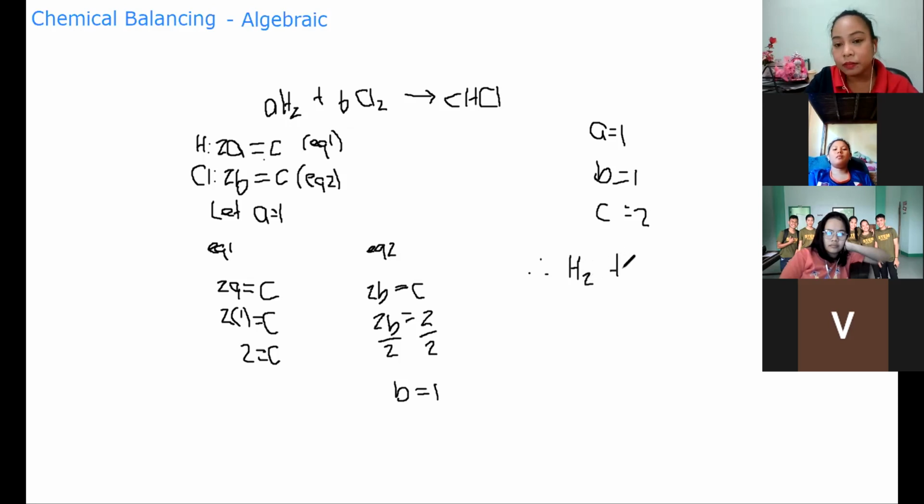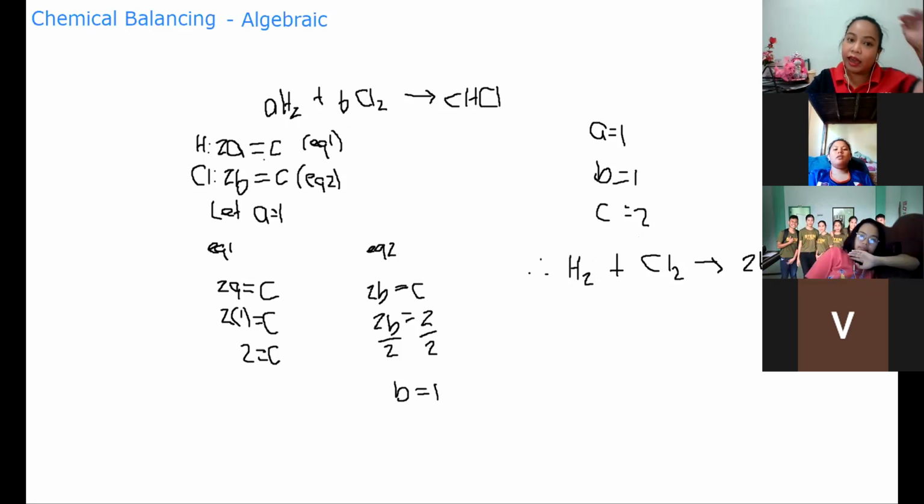Plus B. B is also 1, so we just write Cl, without the 1. Yields, equality sign. C is 2, so we write 2 HCl. Okay, nasabtan. Diba dali sa tanan?